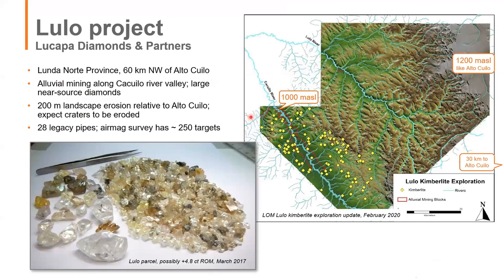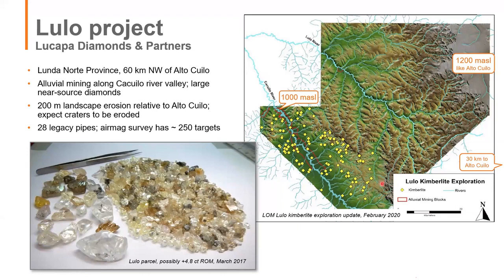It's the Lulo project. Just by way of orientation, 30 kilometers to the east is the boundary of the Altoquilo project. Let's look at this topographic map of Lulo to begin with. This plane, this peneplain at the top here, is at 1,200 meters above sea level, which is much like Altoquilo. These are Kalahari sands, and then you go through the Kalonda stratigraphy.